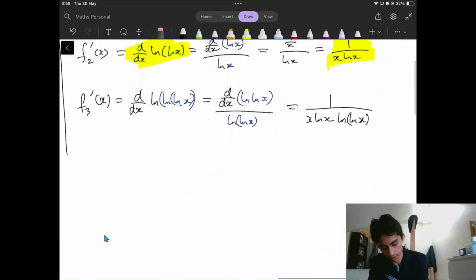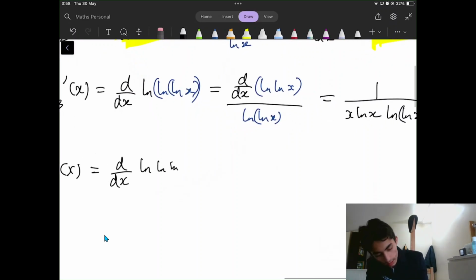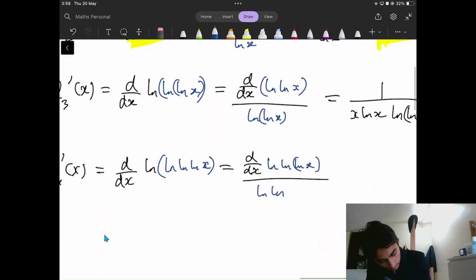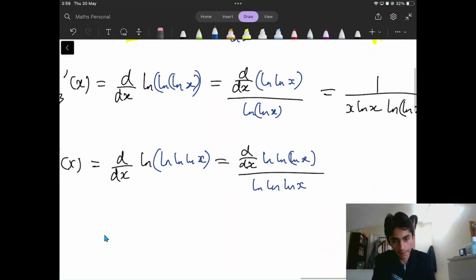Let's do f4 prime of x now and see what happens. f4 prime of x equals d over dx of ln of the inside, in blue as well, 1, 2, 3 logs inside the fourth outer log of x, right? That equals the derivative of the blue bit, the derivative of ln ln x, divided by, once again, the argument of the outside log, right?